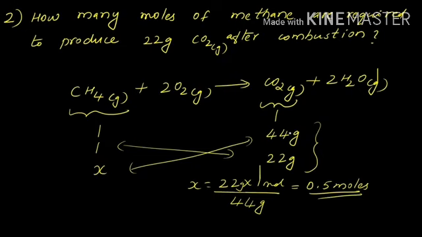So 1 mole is required to produce 44 gram of carbon dioxide, so half a mole produces 22 gram. So for this question it is very simple, but otherwise exactly half won't normally be given, so it's better that you take the ratio and do it.